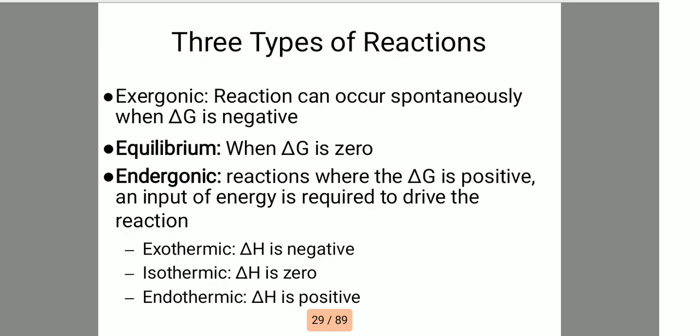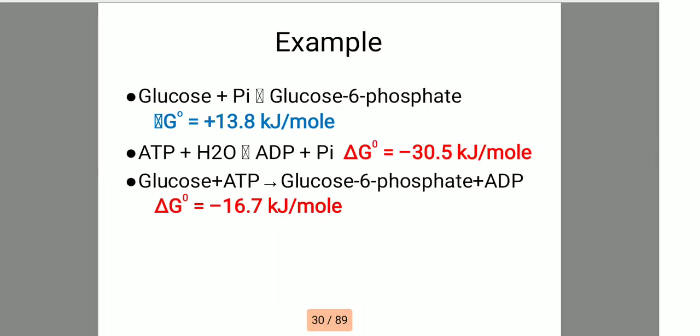Three: for reactions where the delta G is positive, an input of energy is required to drive the reaction. The reaction is termed endergonic, and those with a negative delta G exergonic.